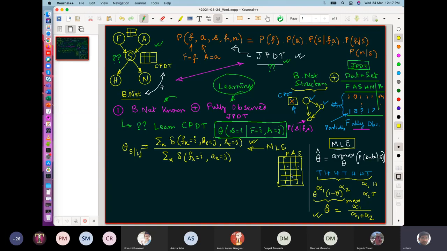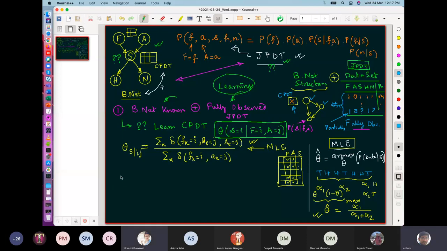All those rows matching these three values, I will count, divided by all those rows where A's and F's are matching. I do not care about S because I derived this with respect to Bayes theorem. So this will be, through maximum likelihood, the learned value of the conditional probability distribution table for S equal to 1 given F and A are respectively i and j. Agreed?